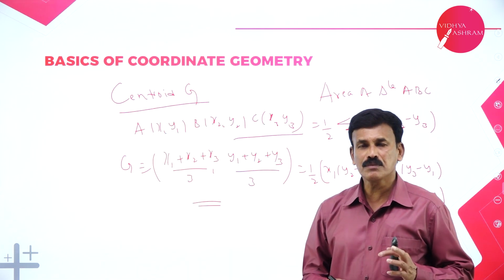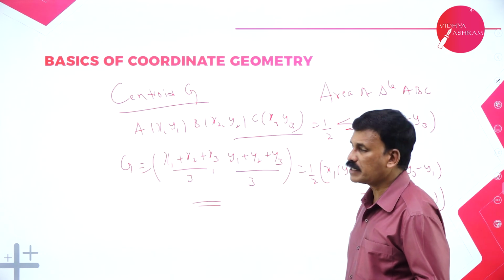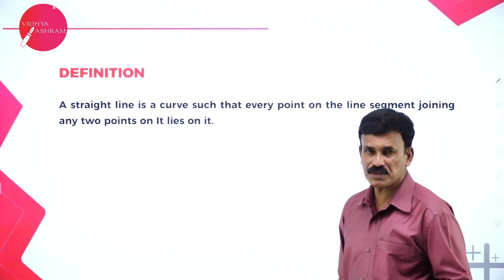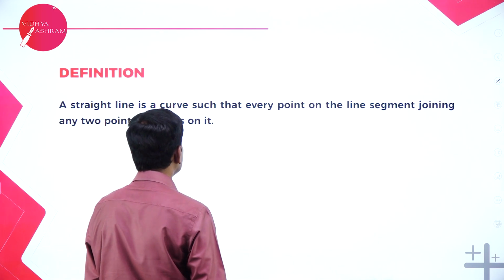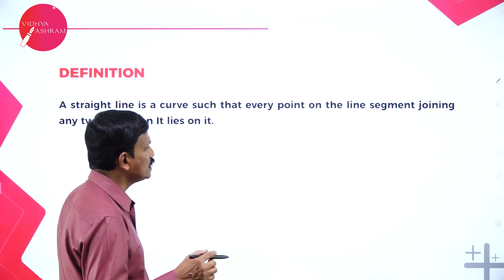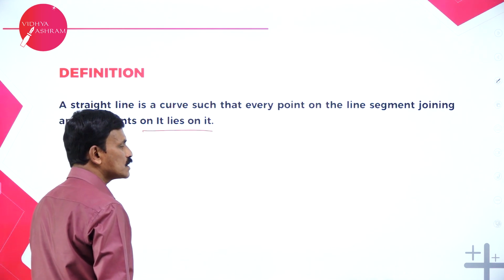Now these are the basic things which you might have studied in the previous classes. Now let us come straight away to the definition of a straight line. A straight line is a curve such that every point on the line segment joining any two points on it lies on it.